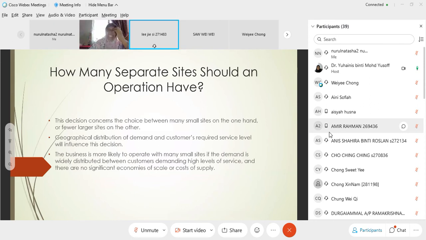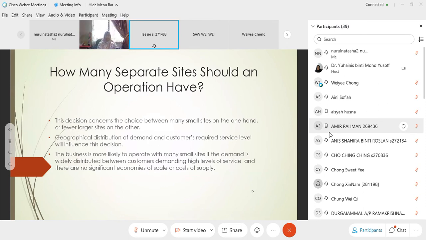So question 3 is knowing how many sites we should have for an operation. So in this, we actually have 2, which is small site on hand or having a few larger sites on hand. So to decide which site you want, it's small or large, we will determine the geographical distribution of demand and the customer required service level.